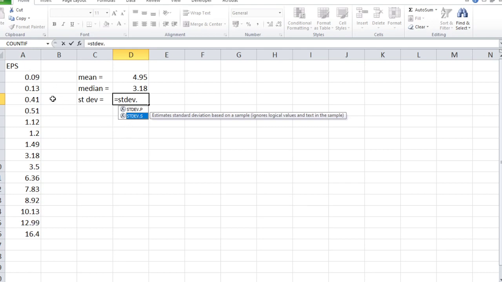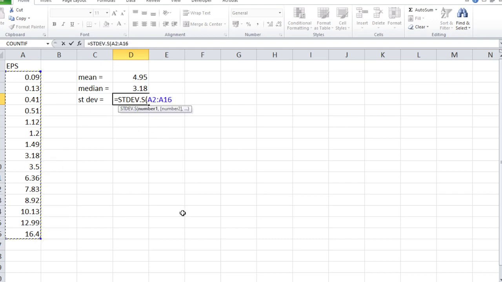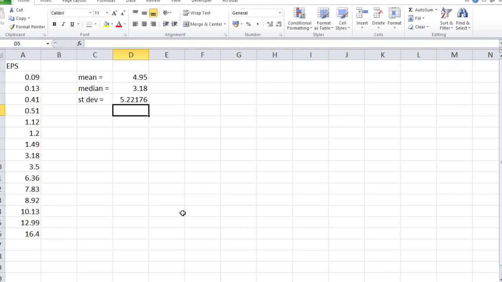And the question is, is it the whole population of all the available companies in this country or in this industry? Perhaps not. I don't think there are only 15 companies in a given country. So we are looking at a sample rather than population. We're going to choose S here: stdev.s, open the brackets, supply the data, hit enter, very easy. Standard deviation 5.2218, let's say.